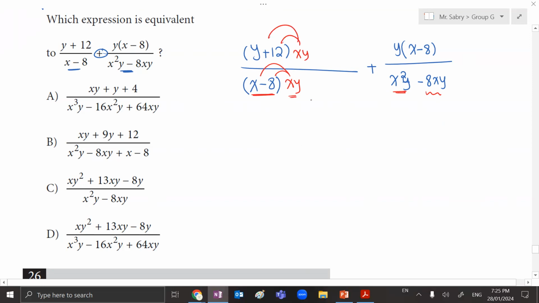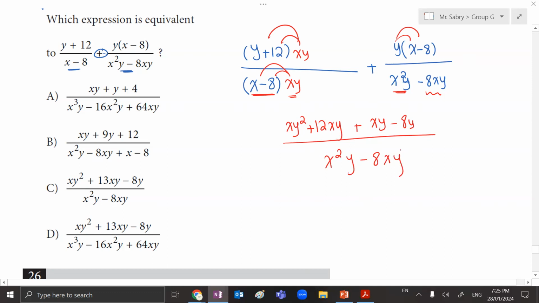So in the numerator I'll have y times xy, which is xy squared, 12 times xy, that's 12xy, plus y times x, xy, y times negative 8, negative 8y. In the denominator, I just write it once, I do not repeat it, because they have become the same already. When you look at the choices, this is choice D.